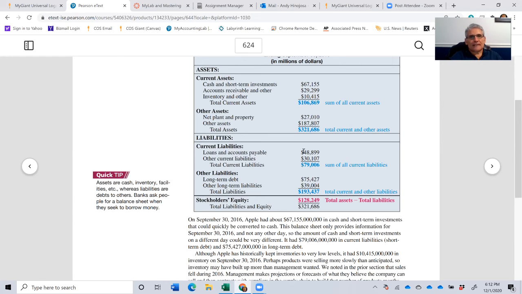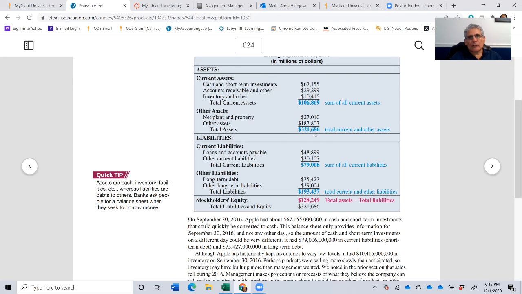Current liabilities, you're going to be given these numbers, you plug them in, you'll get a total current liabilities. Other liabilities would include long-term debt, you plug in those numbers, and then you'll end up with total liabilities, which includes the current. So this plus that equals total liabilities 193,437. And then to compute stockholders' equity, we're simply going to get total assets minus total liabilities.